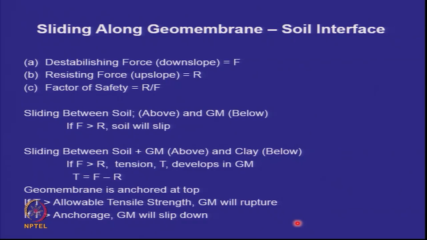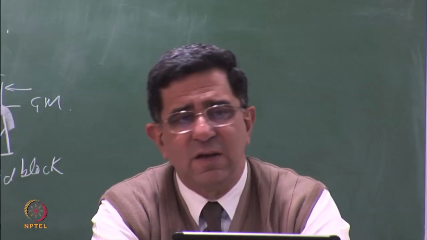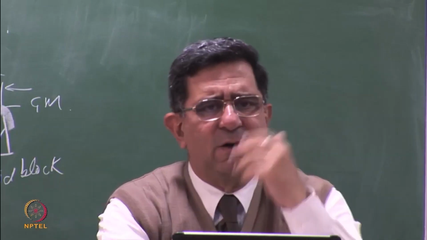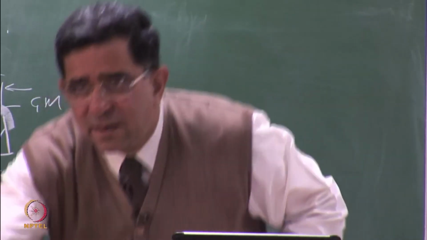So if you are looking at sliding along a geosynthetic or along a geomembrane, it's simple to remember two things. Firstly, it's a straight line failure surface, right? So it's like an infinite slope. Failure surface parallel to the outer slope is very simple to analyze. You've done it.